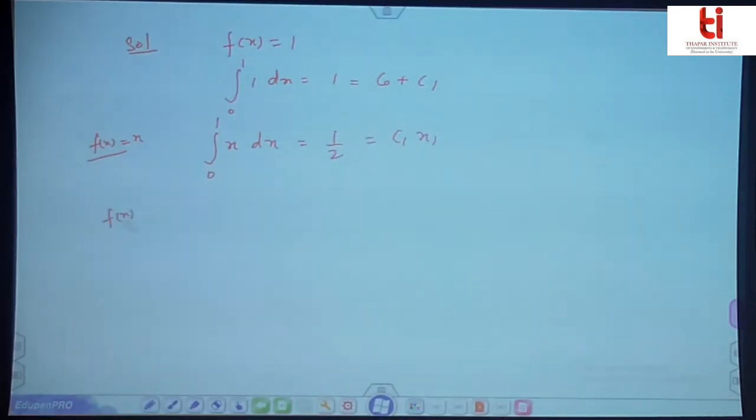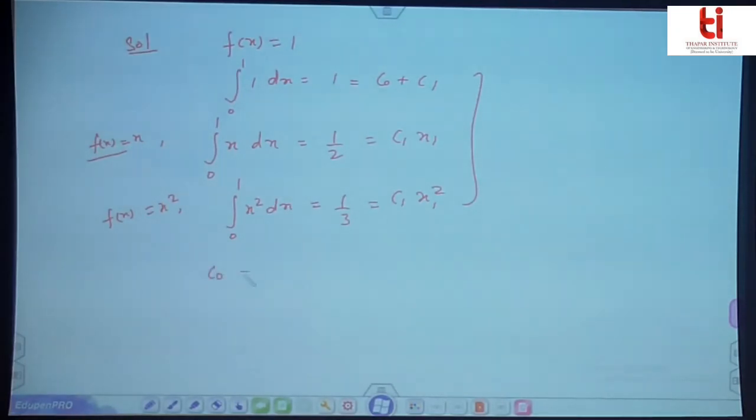f(x) equal to x square, then the integral of x square dx from 0 to 1 is coming out to be 1 by 3 = c1 x1 square. There are 3 conditions, so you can compute the values of c1, c0 and x1 from these 3 equations.